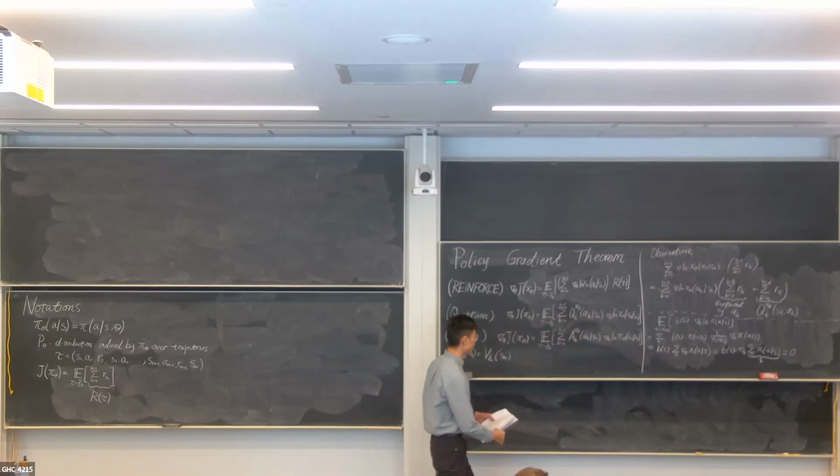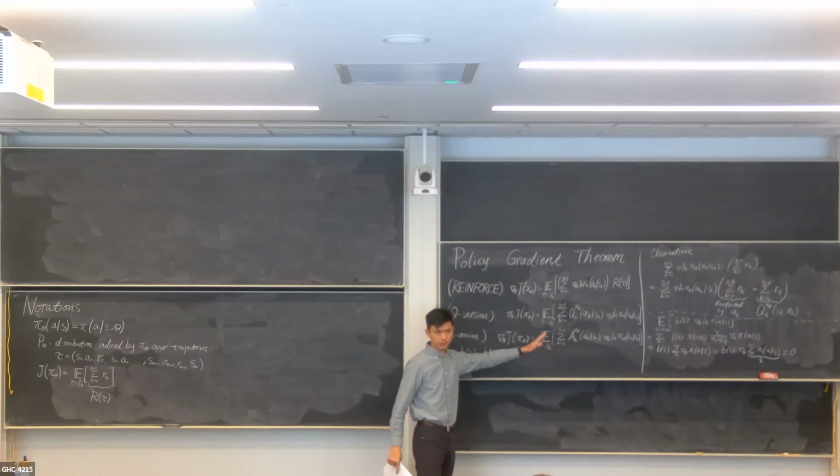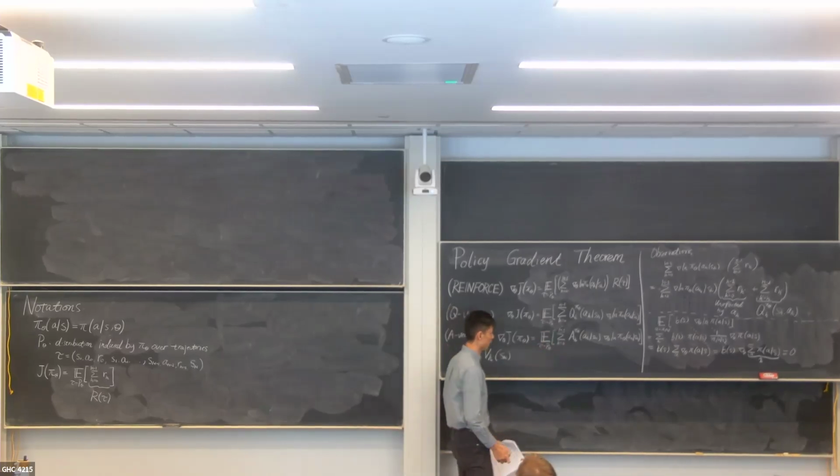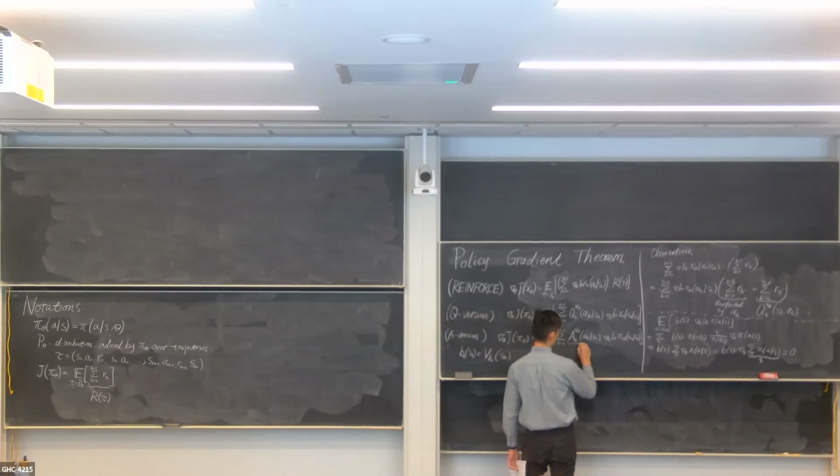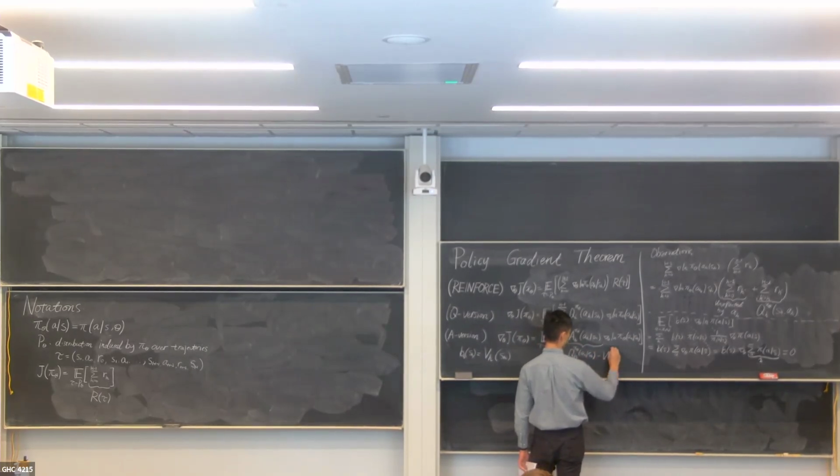You have seen this from the last part of the last lecture, and this function, not surprisingly, is just Q_h minus the state value.